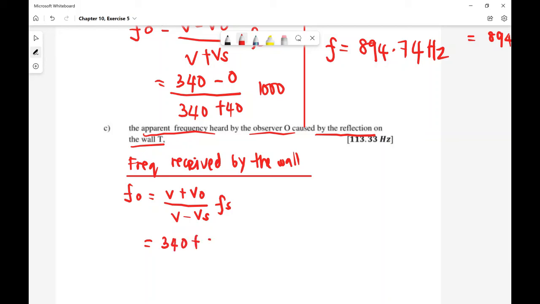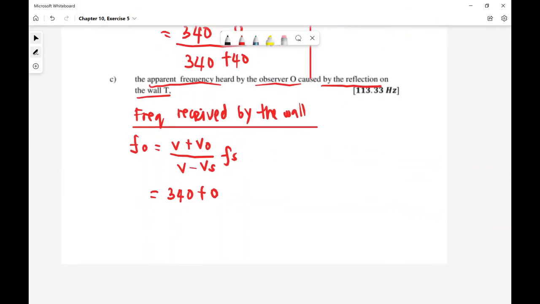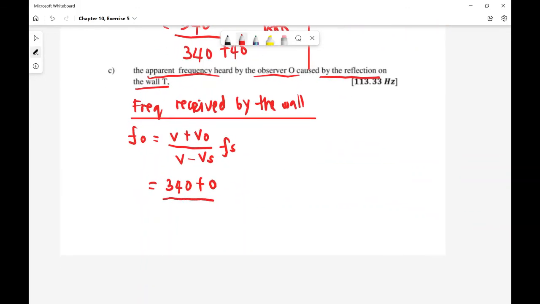Observer sekarang ni adalah wall, wall ni does not move. So VO, speed of the wall is 0. So ini akan di 340 minus VS, speed of source is 40 times FS 1000.